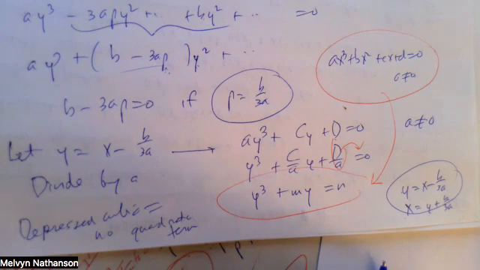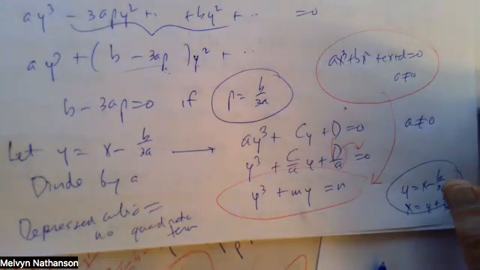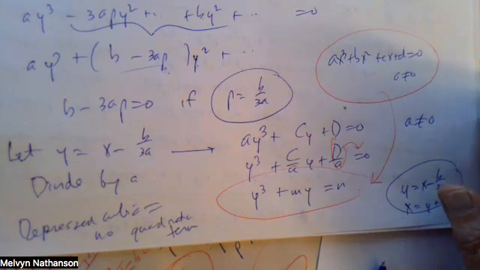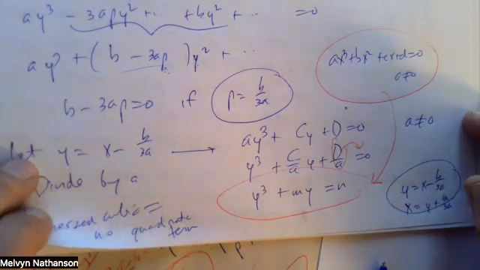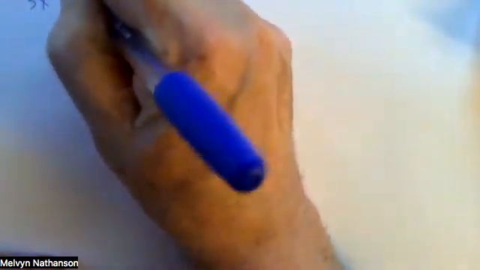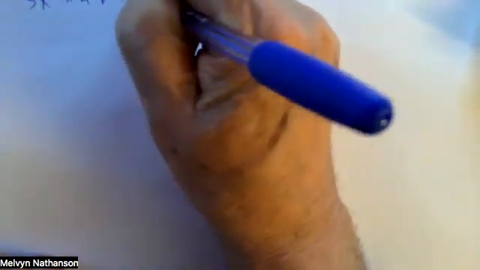So the first step in this approach to solving the cubic is to take your cubic and immediately transform it into the depressed cubic. Let me just do an example. I'll just pick numbers at random. Suppose I have 3x cubed plus 4x squared minus 5x plus 7 equals 0.